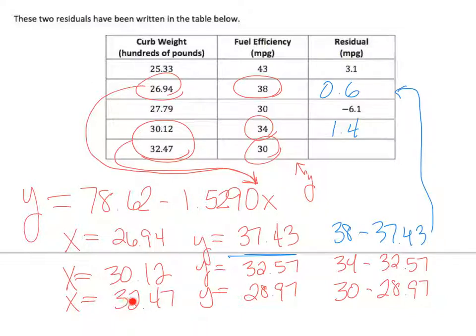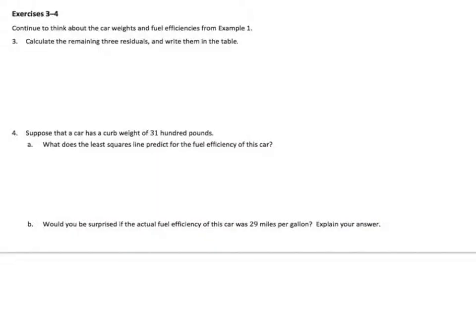For x equals 32.47, got our predicted miles per gallon, subtracted it from the actual, and we have about 1.0. Okay, those are our residual values in miles per gallon. Not too difficult. Calculate the remaining 3 residuals.